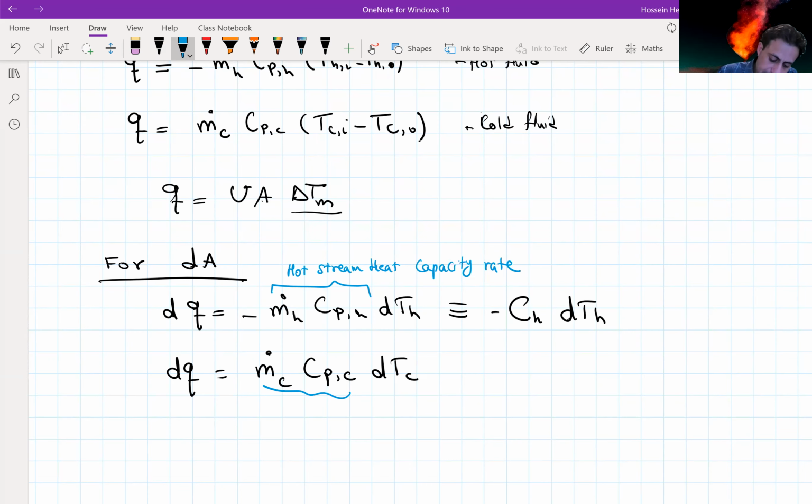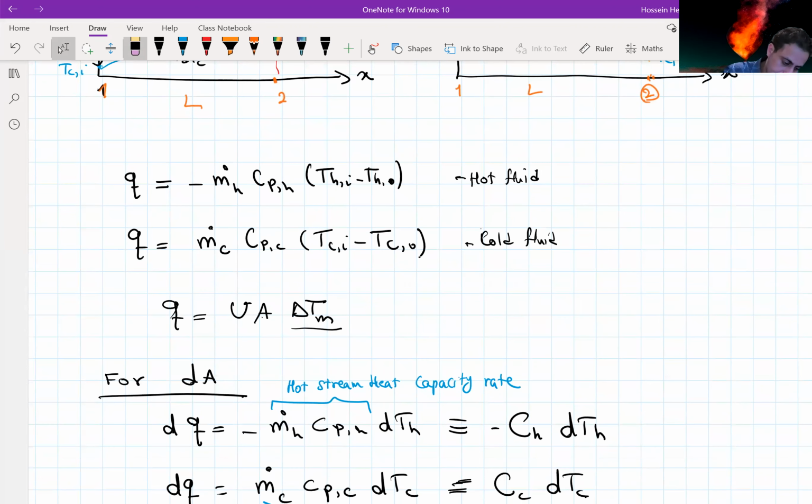So for the cold stream, this is going to be the heat capacity rate, equal to capital C. I'm just going to make this one small c so we don't get confused.